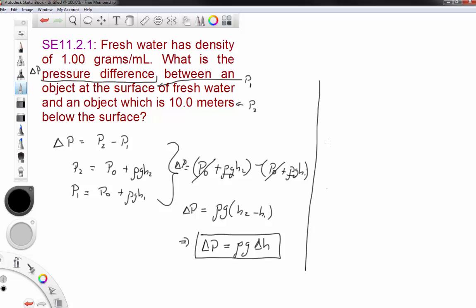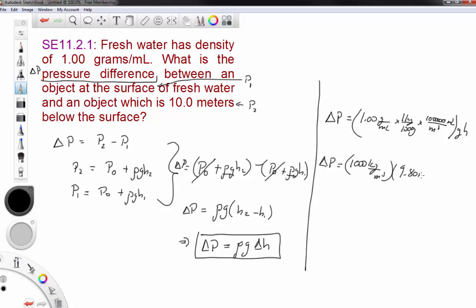Okay, so with that being said, our pressure difference in question is going to be given by this density, which is 1.00 gram per milliliter times 1 kilogram per 1,000 grams times 1 million milliliters per cubic meter, times G times H. And so this basically means that our change in pressure is 1,000 kilograms per cubic meter times 9.80 meters per second squared times 10.0 meters.